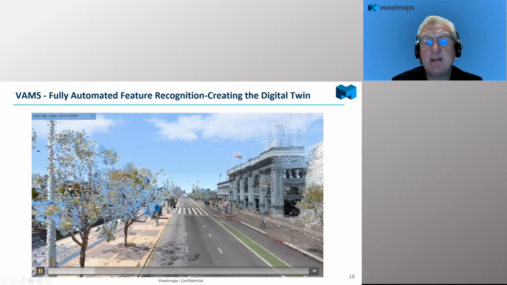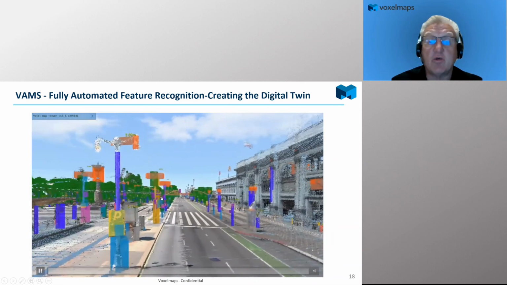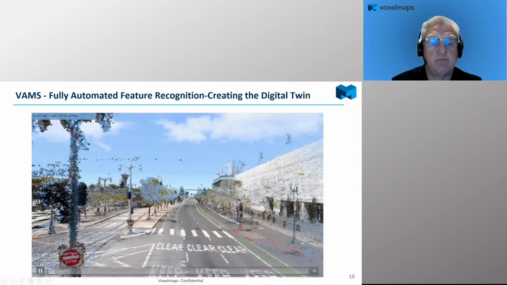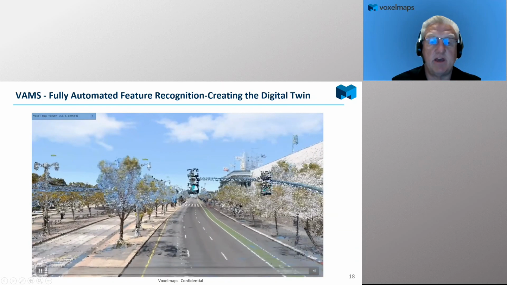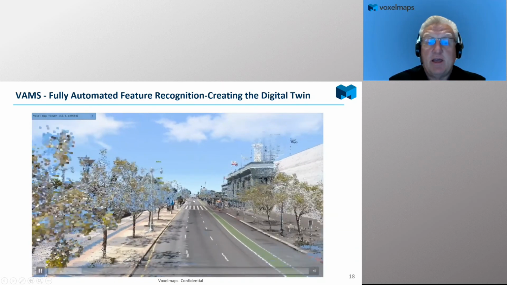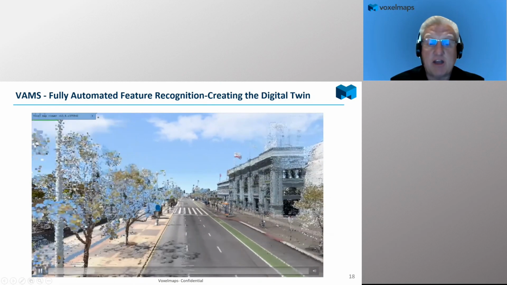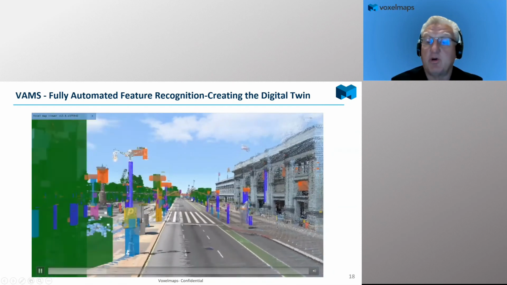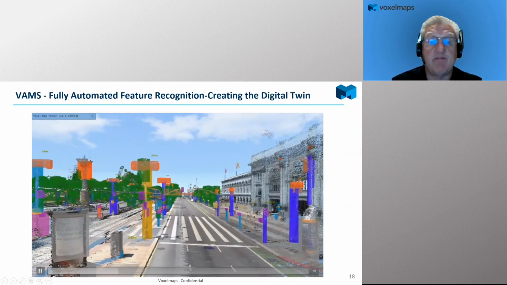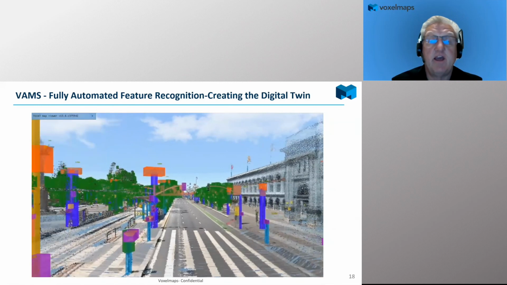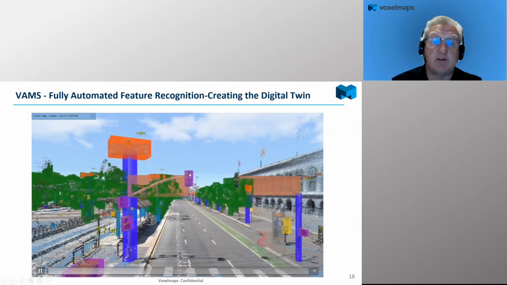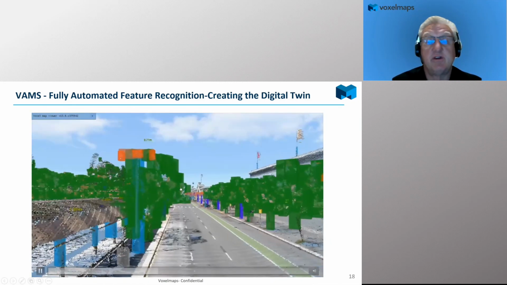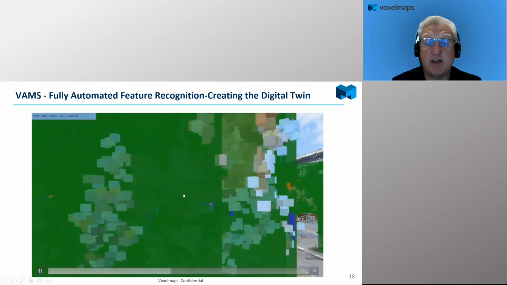From that, we can do the auto extraction of the individual features that have been defined in the system. You can see here different colors meaning different sorts of features, driving through the vegetation there.